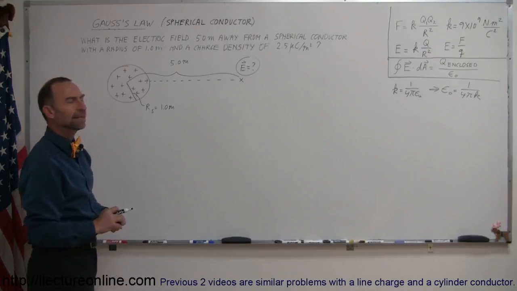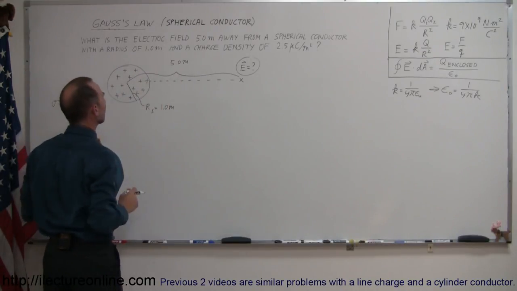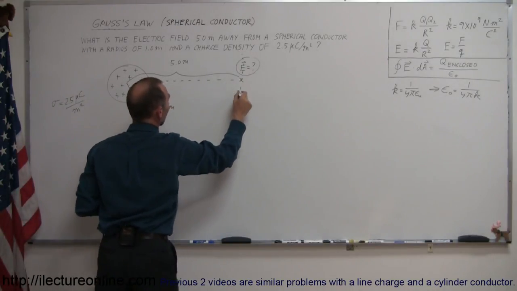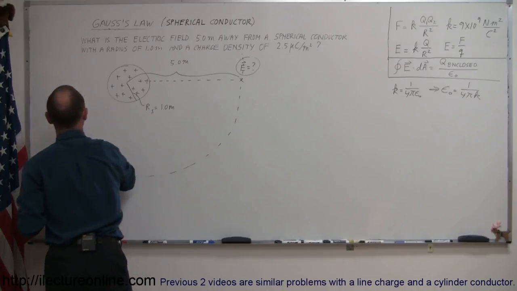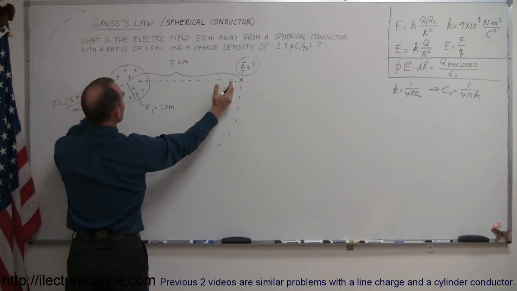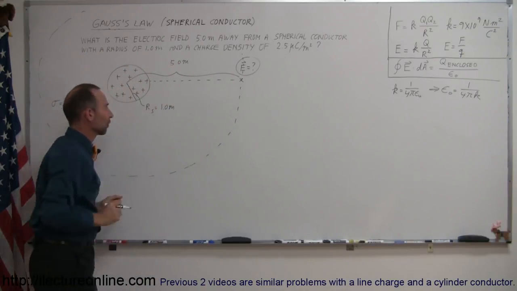All right, so we need a Gaussian surface to fully enclose this sphere here, and the best thing you can do is draw a spherical Gaussian surface of radius 5 meters all the way around, encapsulating this spherical conductor.